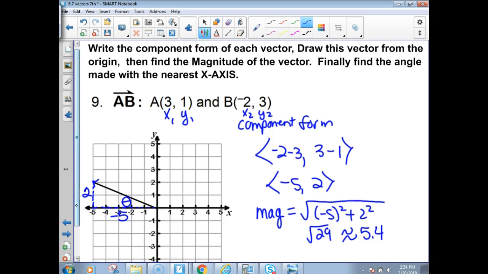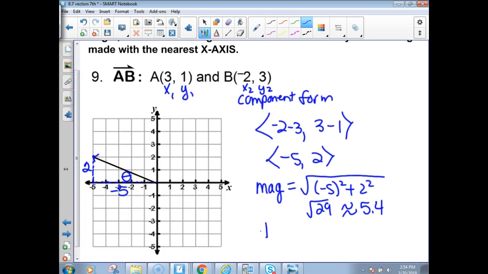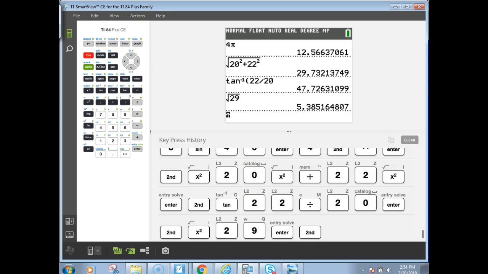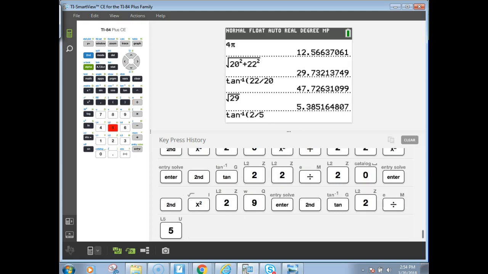Okay, then we find the angle measure. That would be second tangent y over x, 2 over -5. Now you can just type 2 over 5, and I'll show you why it won't matter. If you hit second tangent 2 over 5, you're going to get the positive angle that I'm looking for.